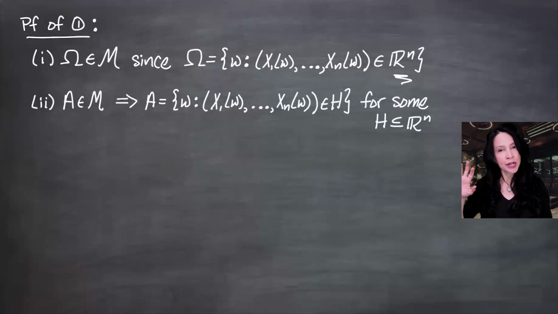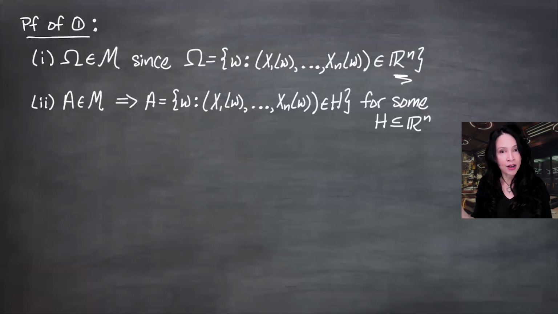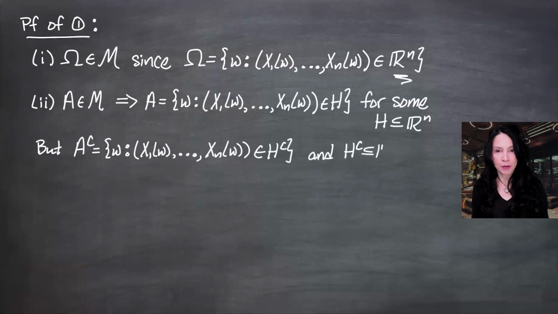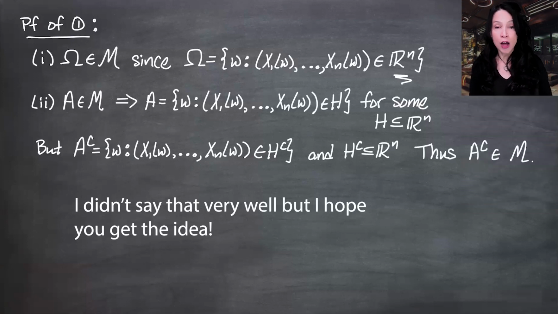So I've got a set A over here in omega, and all the points there under the n-dimensional X function map into this set H, and none of them map outside, and all of the points outside of A over here map outside of H. So in other words, A complement over here is going to map into H complement, and that is a subset of Rn, so that we can write A complement in this form. So we have shown that curly M is closed under complements.